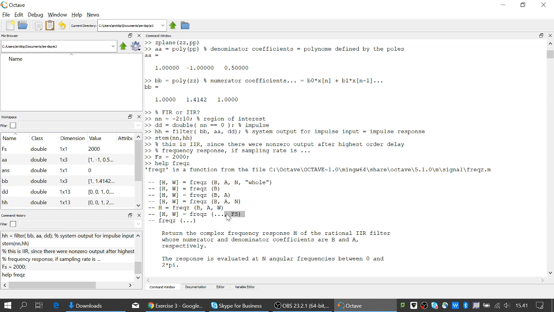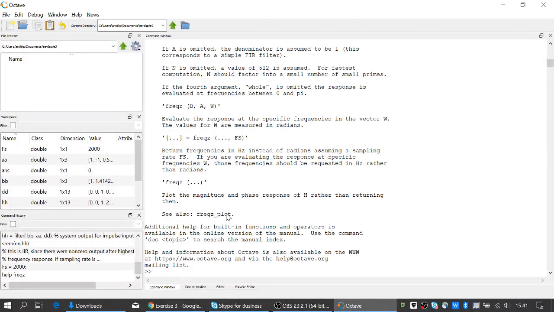Then it scales the frequency response accordingly. So in this case, we're supposed to get a plot that looks something similar to this one. All right, so freqz(b, a, how many points?).